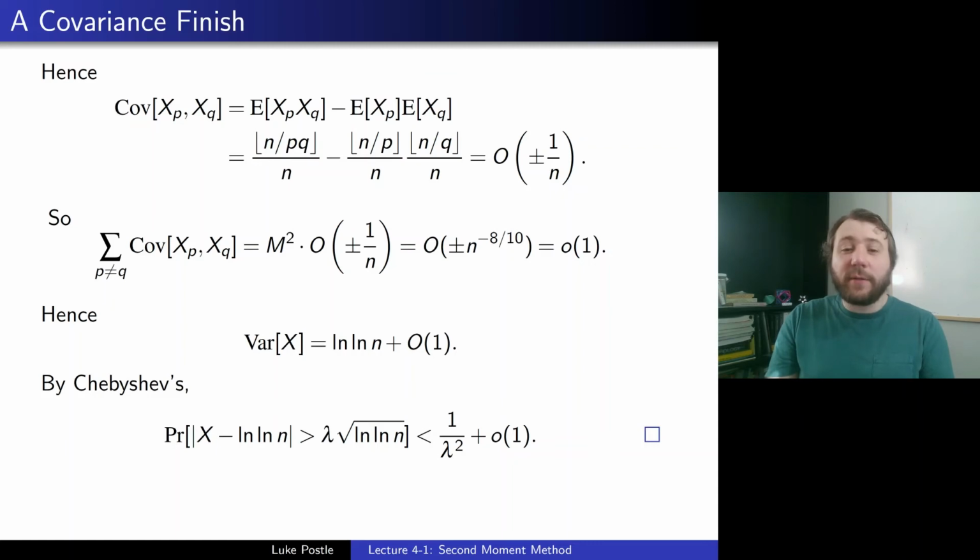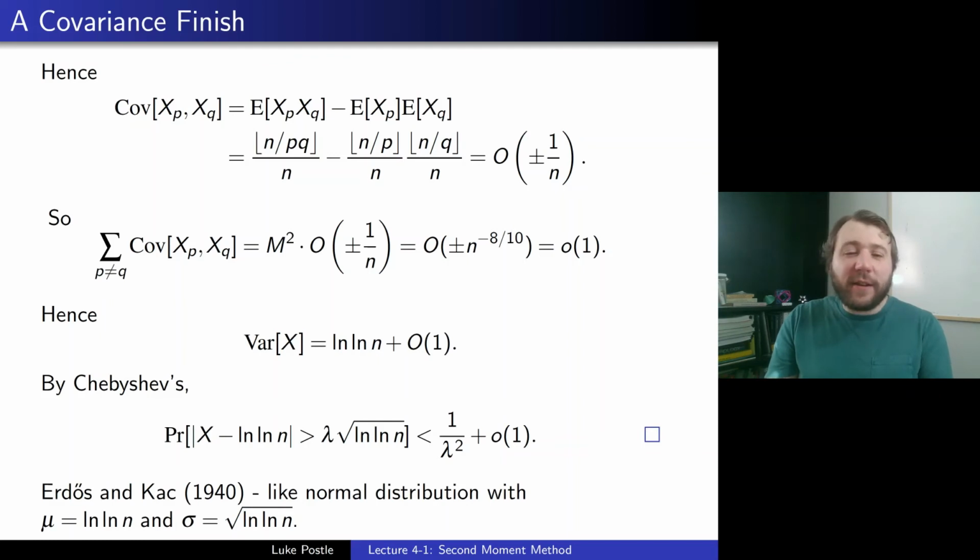And so then we're done, as if lambda is going to infinity, this probability is going towards 0. All right, so that is our nice proof using the second moment method. We were able to establish the expectation, the variances of the individual terms, the covariances to get the overall variance, and apply Chebyshev to get the desired proof.